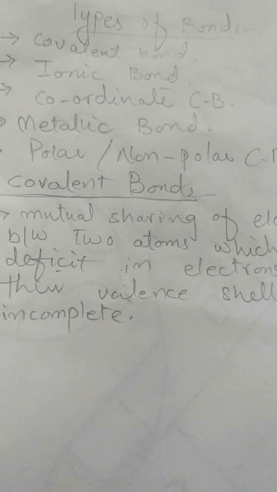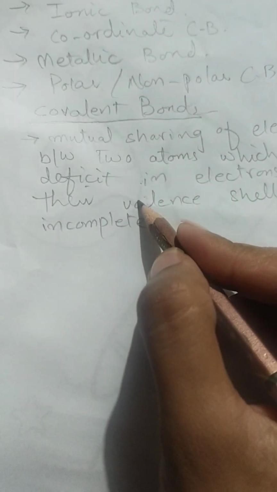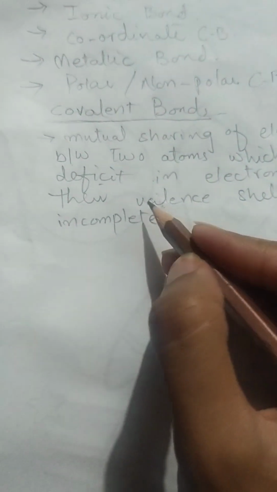As we studied earlier, the bond is a force which is formed between two atoms which have incomplete valence shell or are deficit in electrons, and they want to become stable.